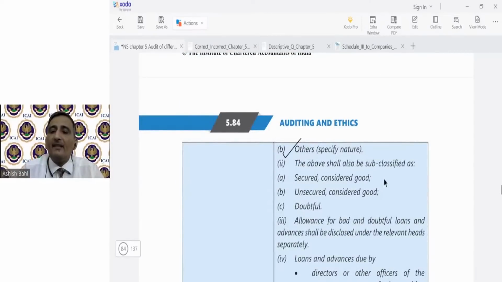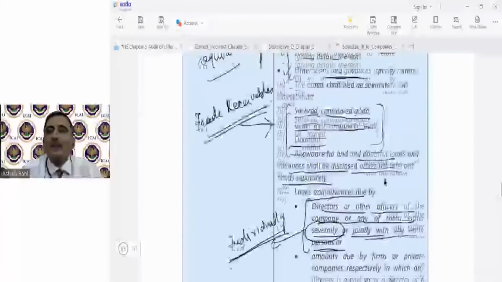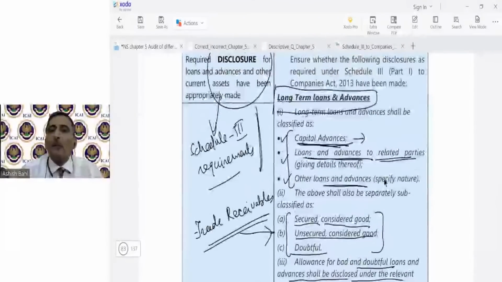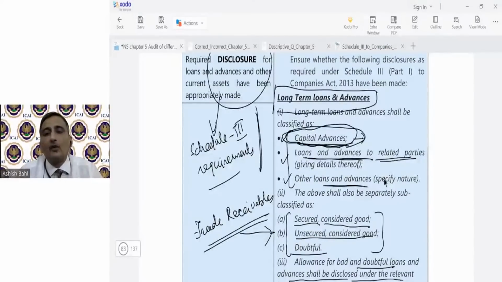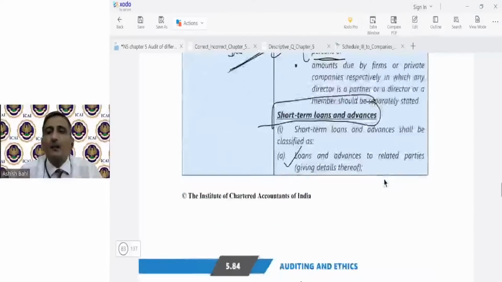So what is missing here, students? If you look carefully, capital advances are not there in this. So this is the difference between the classification of long-term advances and short-term loans and advances.